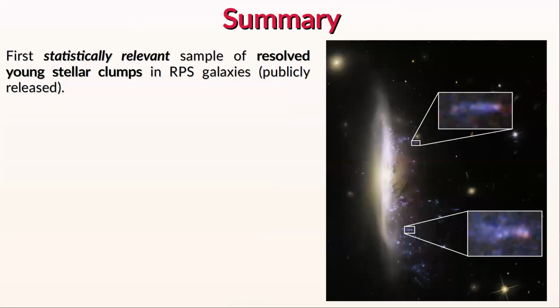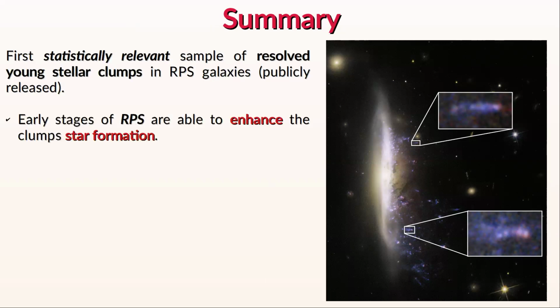To give a summary and then conclude: we released the first statistically relevant sample of clumps in these kinds of galaxies, the ram pressure stripped galaxies. We have shown that ram pressure stripping seems to be able to enhance the star formation in clumps. The clumps are compact and very bright in H-alpha, and they are forming a lot of stars compared to those in isolated disks.